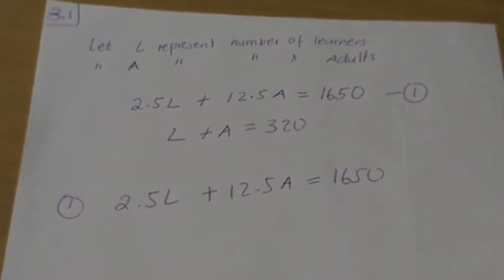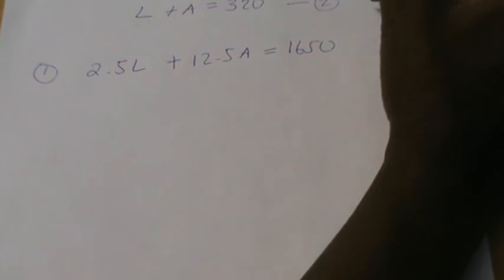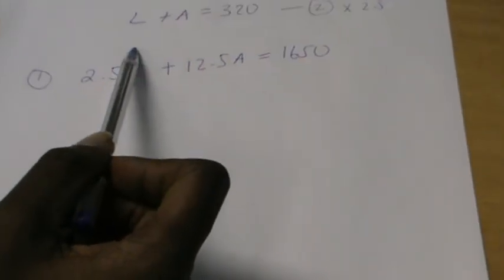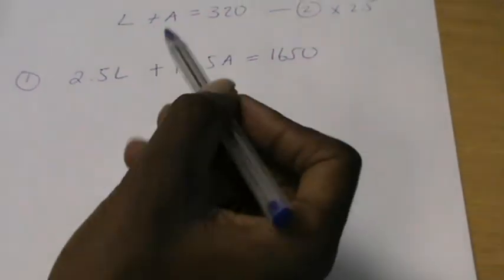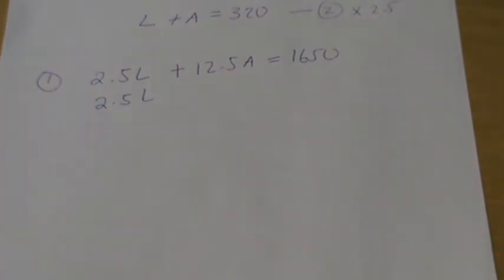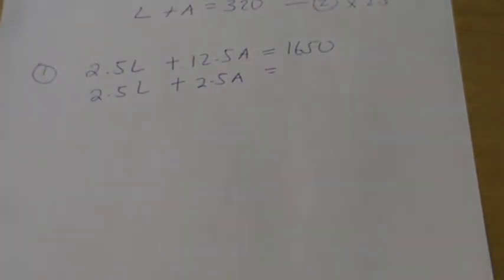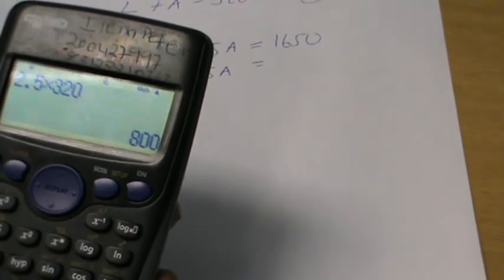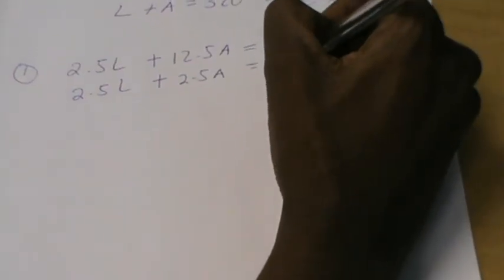Remember, I want to solve for A, so what I need to eliminate is L. I multiply equation 2 by 2.5 because I want the coefficients of L to be the same. So it's 2.5L plus 2.5A, and then 320 times 2.5, which on my calculator is 800. So this is equal to 800.